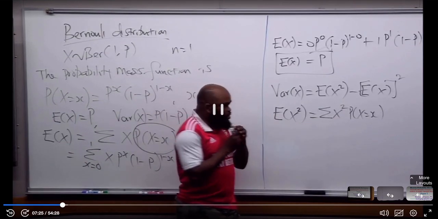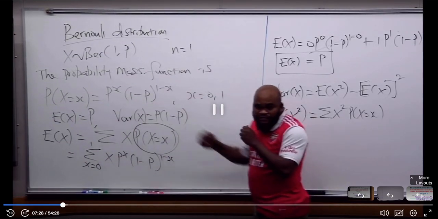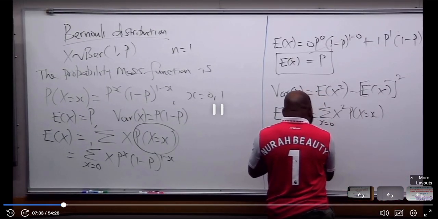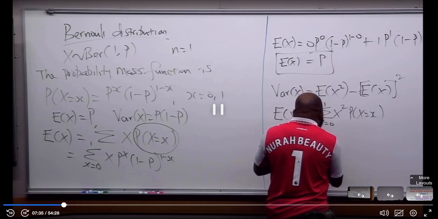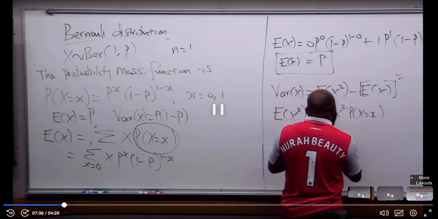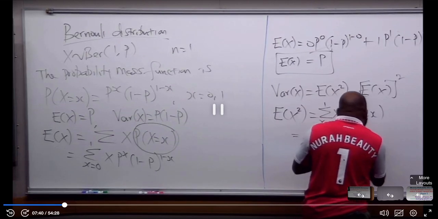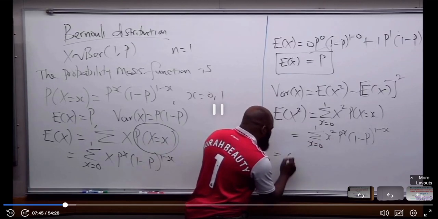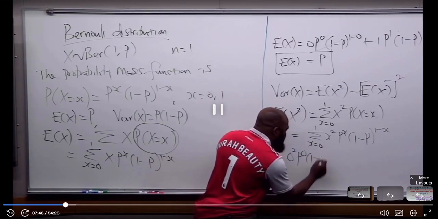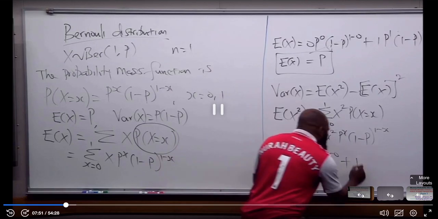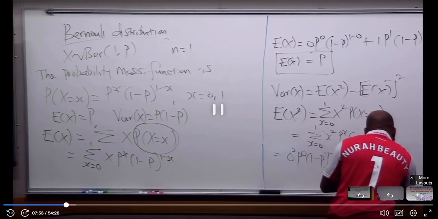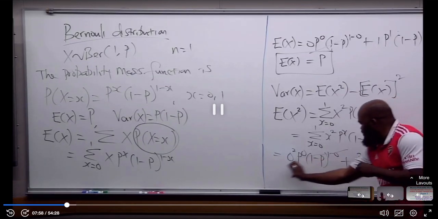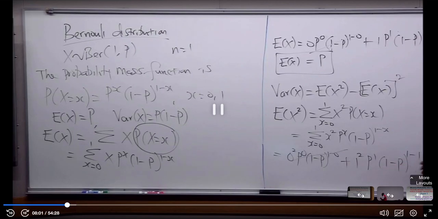Now, because Bernoulli is involved, I'm going to write the sum with x from 0 to 1 of x squared, p raised to power x, 1 minus p raised to power 1 minus x. So what I'm going to do right now: 0 squared times p raised to power 0, 1 minus p raised to power 1 minus 0, plus 1 squared times p raised to power 1, 1 minus p raised to power 1 minus 1. This first term is going to be 0, and this is going to be p.